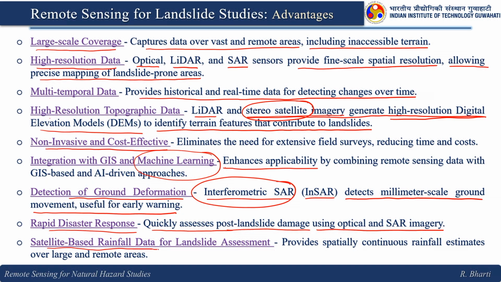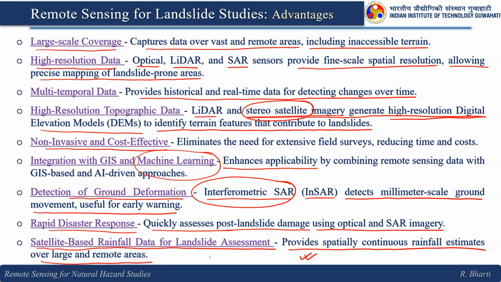Satellite based rainfall data for landslide assessment, because many times many of the regions do not have the ground based precipitation information, right. So, it provides spatially continuous rainfall estimates over large areas and remote areas.